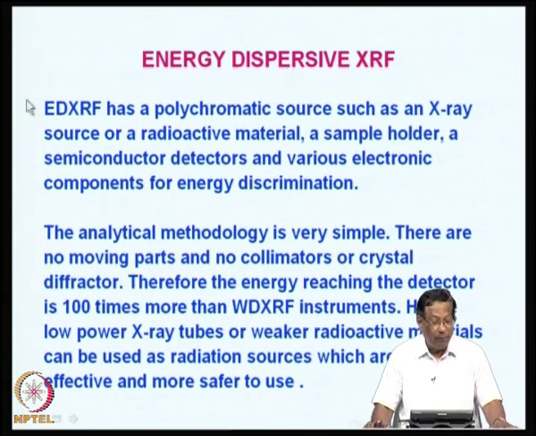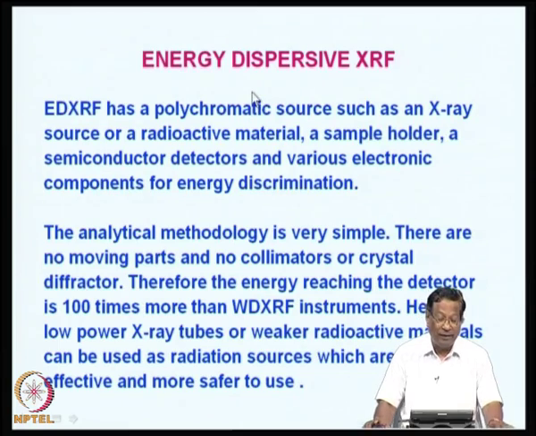In energy dispersive X-ray fluorescence, there is a polychromatic source. That means an X-ray source or a radioactive material, a sample holder, a semiconductor detector and various electronic components. So the analytical methodology is also very simple here. There are no moving parts and no collimators or crystal diffractors.